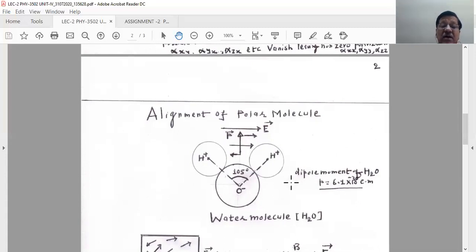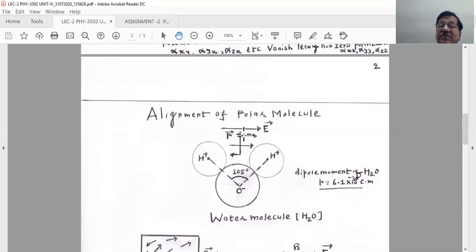Now when you keep this molecule in an electric field, the positive charges of the dipole and the negative charges of the dipole will experience a force.